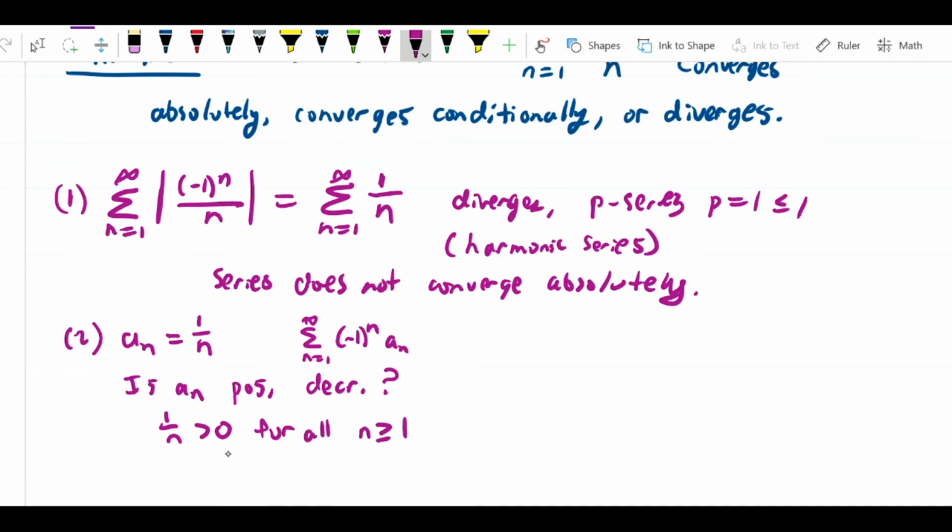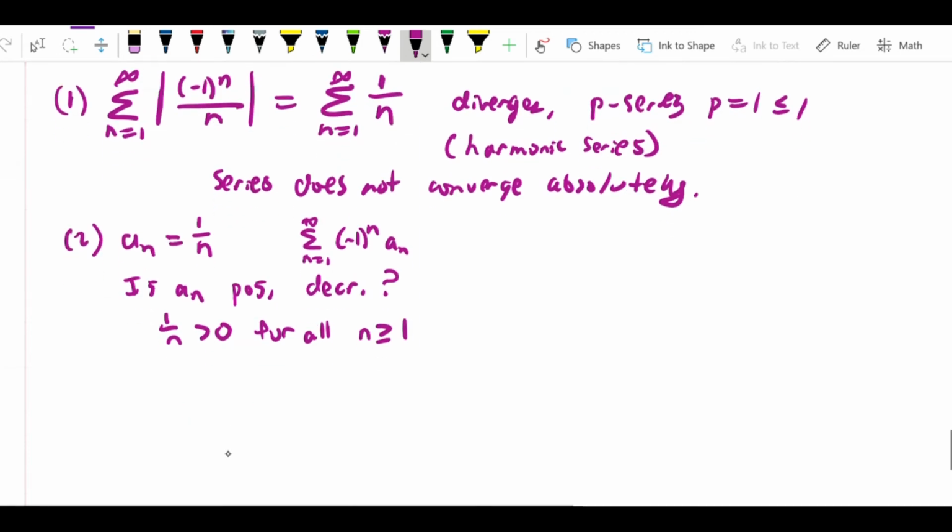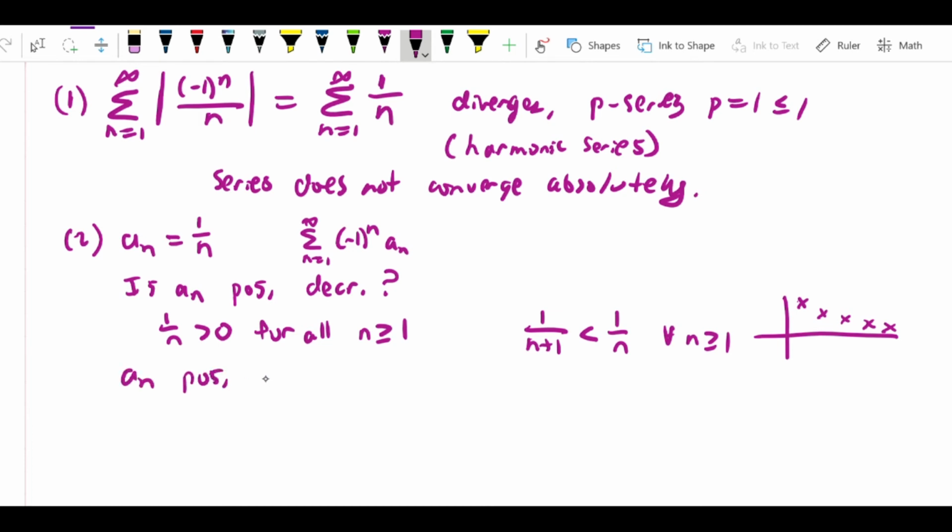Now, is it decreasing? It's not difficult to see that 1 over n+1 is less than 1 over n for all n greater than or equal to 1, because we're making the denominator bigger and bigger, so we're making the fraction smaller. Since each successive term is less than the previous one, the sequence is decreasing. If you were to map it out, it would look sort of like this, so you can see the positive term is getting smaller and smaller. So we do have that a_n is positive and decreasing.